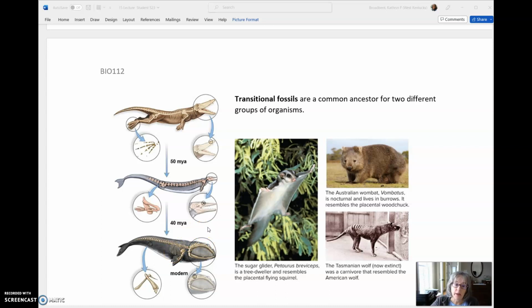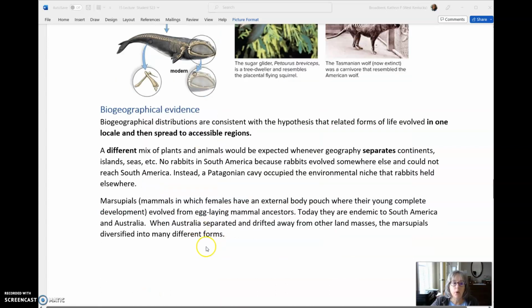The next part of evidence is biogeographical evidence, and this means life and then geography. This talks about the distribution of species. And it's consistent with the hypothesis that life forms evolved in one locale and then spread to the accessible regions.